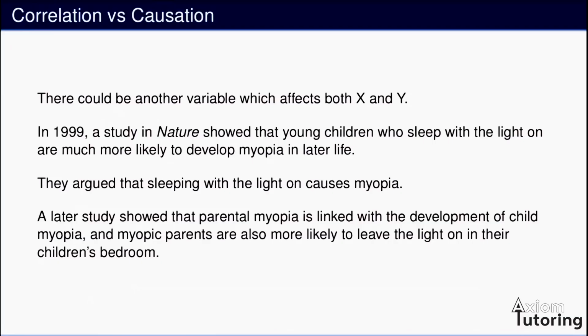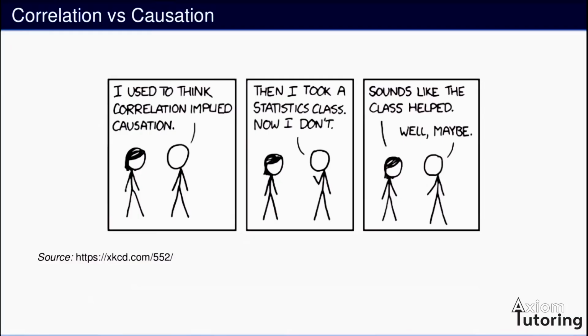And I want to finish on this cartoon from XKCD because I think it really says something quite profound about how easy it is to make that mistake. So in the first drawing, you see that the guy says, I used to think correlation implied causation. Then I took a statistics class and now I don't.